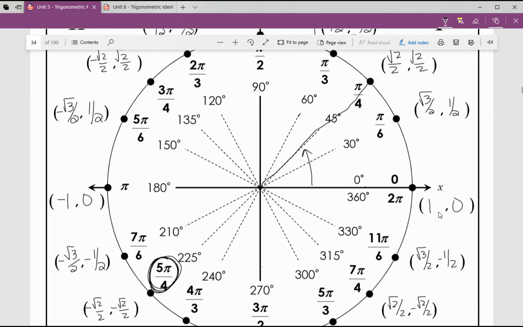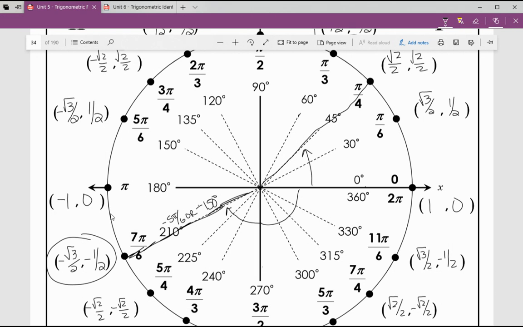Negative 150 and positive 150 do not terminate in the same place. So if I rotate negative 90, then I have to keep going to here. That's where negative 5 pi over 6 or negative 150 degrees would be.